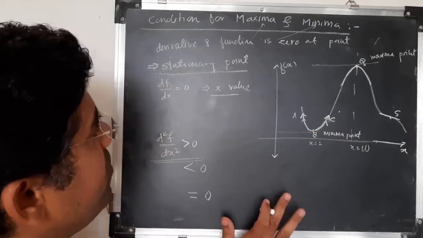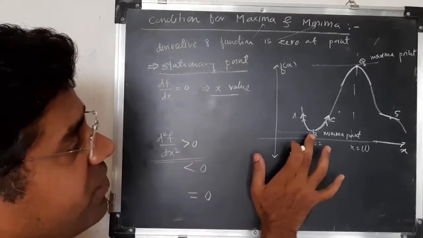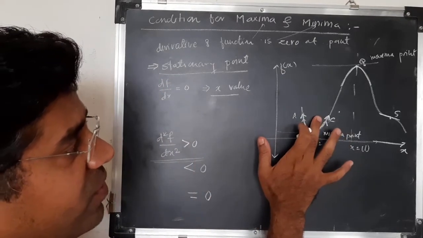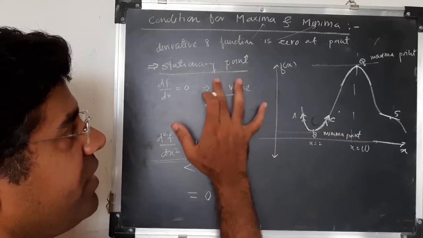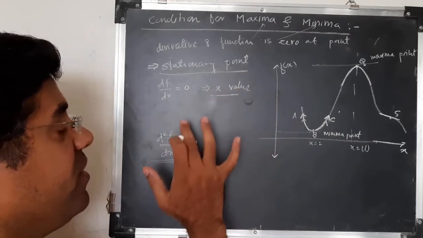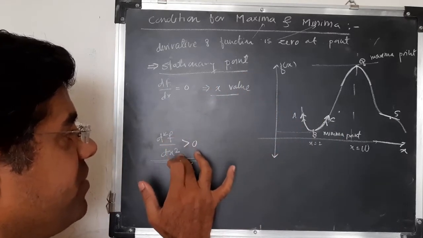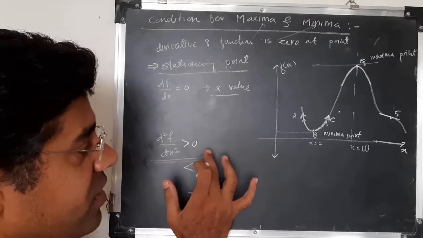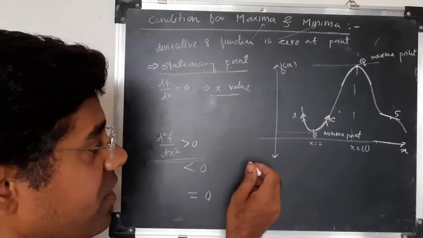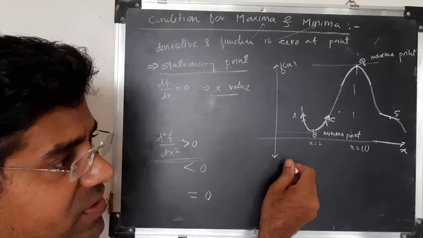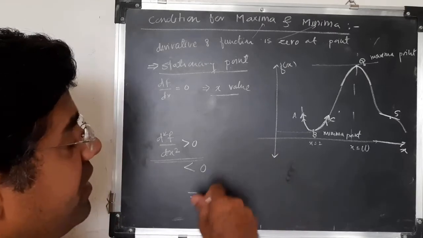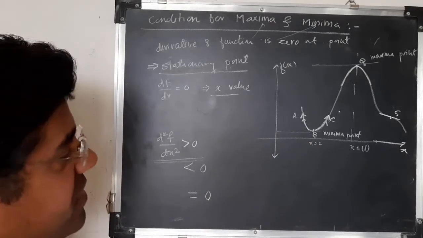So what I will do, I will take the first derivative of that particular function. I know the value of x, and I'll go to the second order derivative. Please remember, a given function should be continuous and differentiable. Then I can go to the second order derivative.